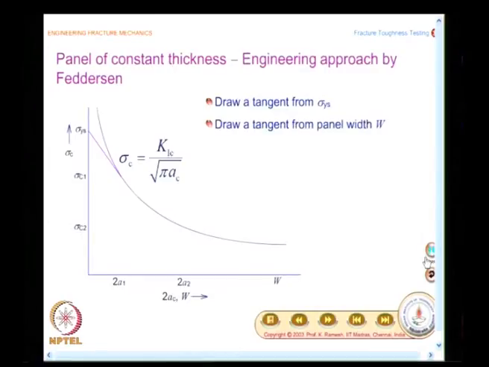So, the recommendation is draw a tangent from panel width W. So, for a width of panel W, the residual strength diagram would be a straight line portion, a curved portion, and another straight line portion. You know, this was a recommendation given by Feddersen. It is an engineering approach, very popular, people use it left and right.